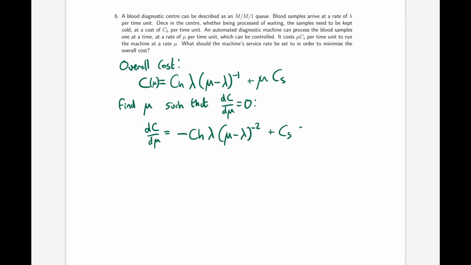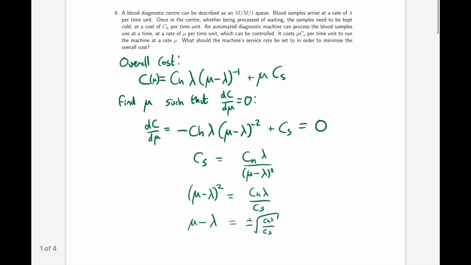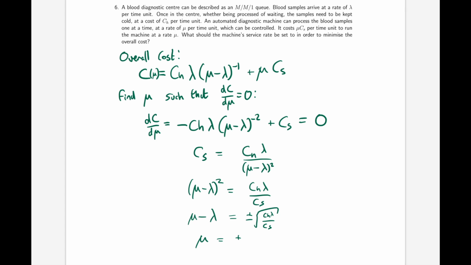We can set that equal to 0, and we can do some rearranging to get which mu satisfies this equation. So we get two roots of this equation: mu is equal to plus or minus root C_H lambda over C_S, plus lambda.